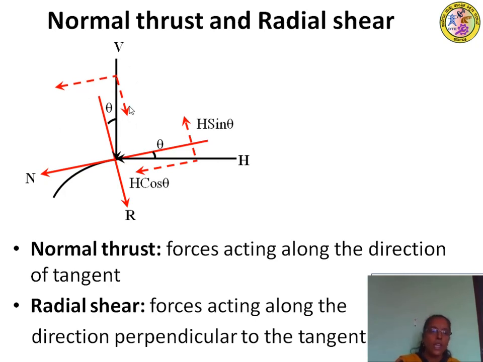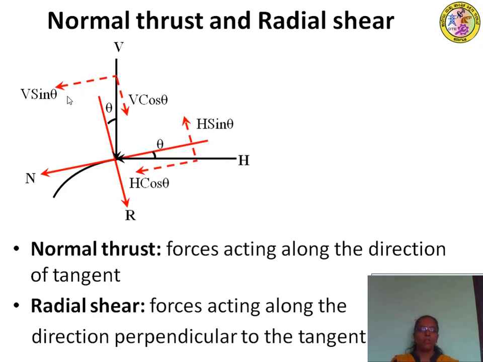So now V, the net vertical force, is making an angle of theta with respect to the radial shear, therefore the radial shear component will be cos. So the radial shear component is V cos theta and the normal thrust component is V sin theta.